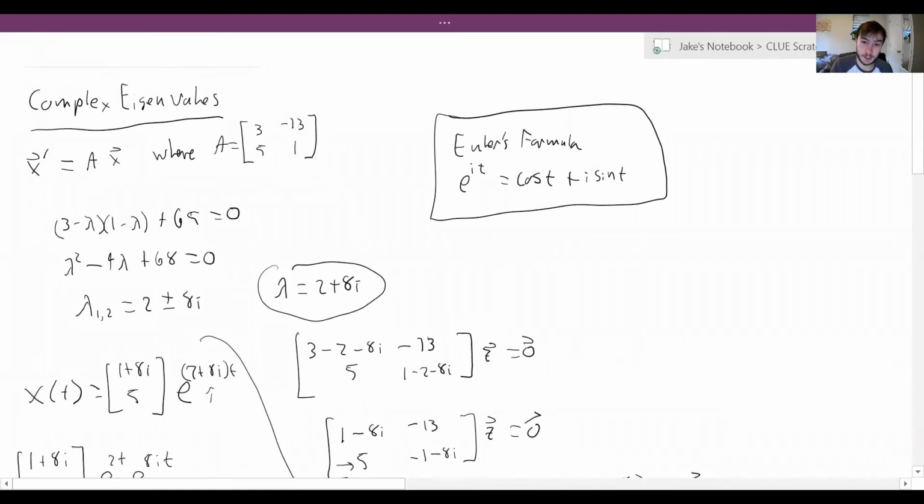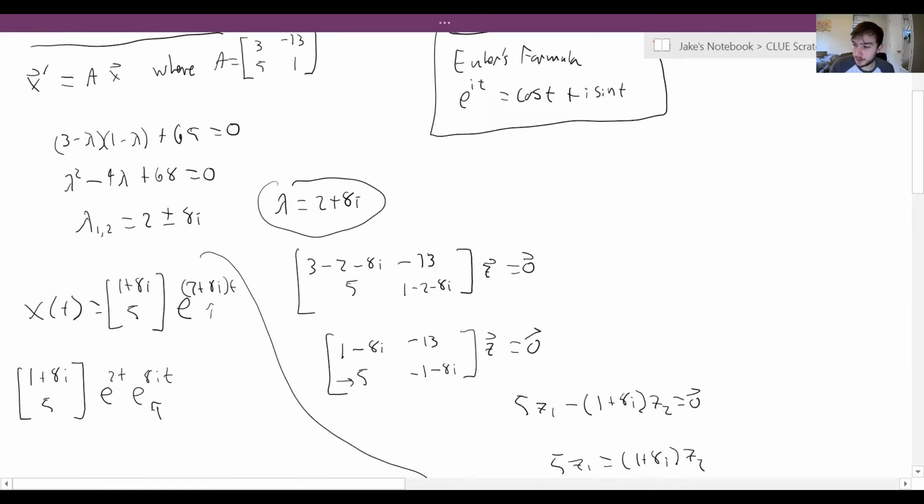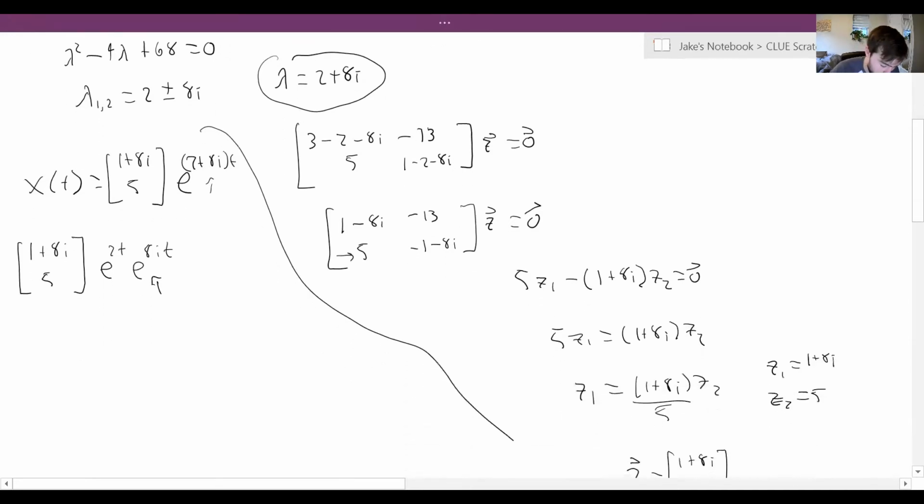I'm kind of hinting at it here. We can use Euler's formula on this. We've got something with a t and an i in it. Now it's important to remember that e to the it is for the case where the coefficient on i is 1. But we've got an 8 sitting there, and that's more than okay. What that means is we can write it like this.